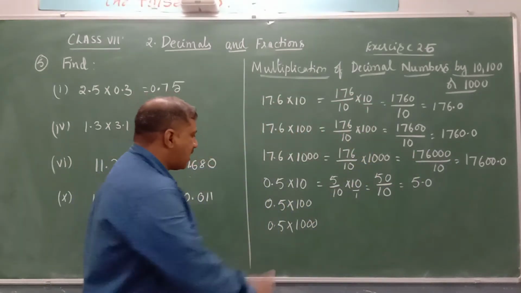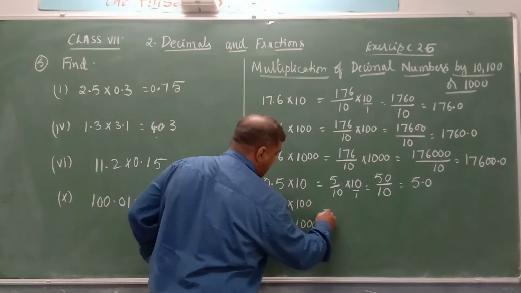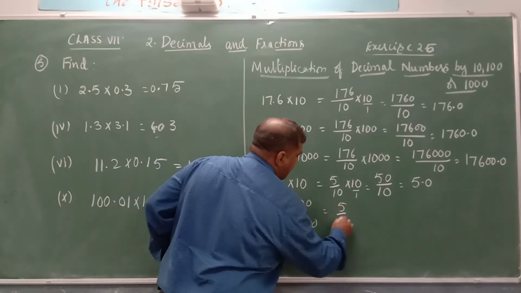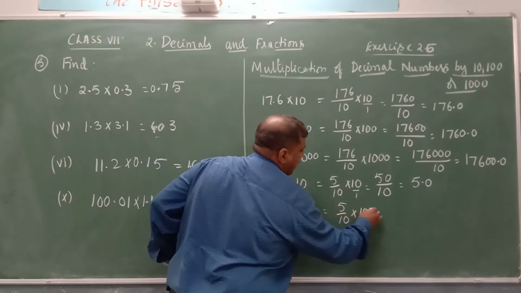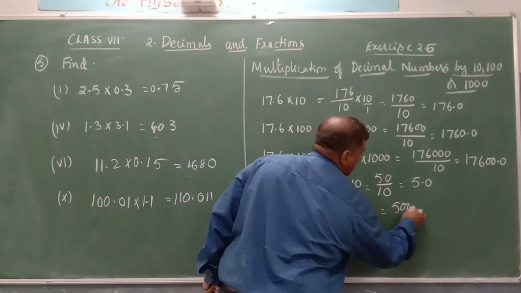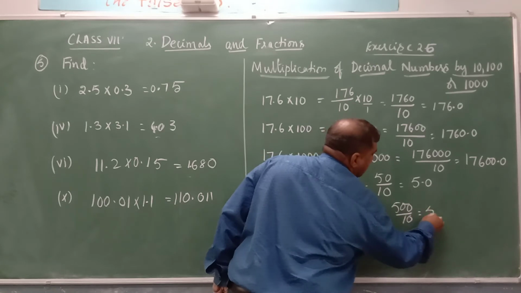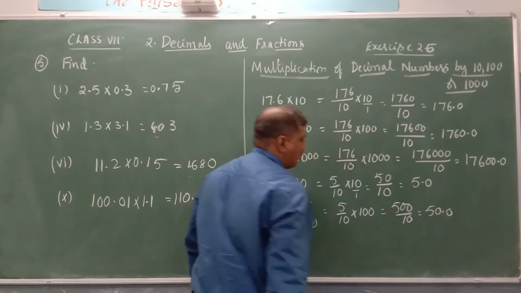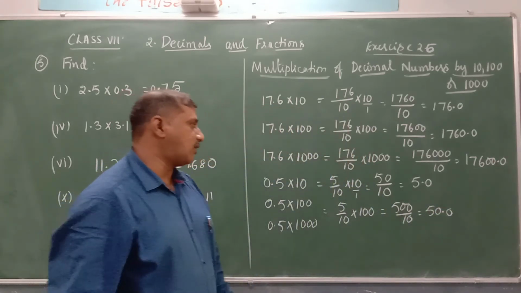Now similarly 0.5 is multiplied with 100, so what do we get? 5 by 10 multiplied with 100, which is 500 by 10. So now the decimal point gives 50.0.